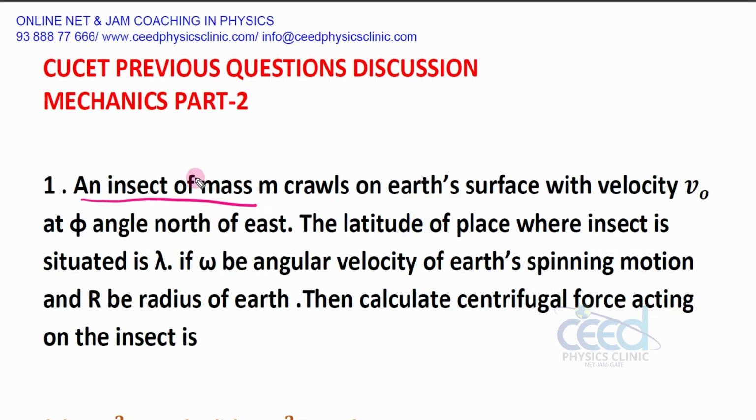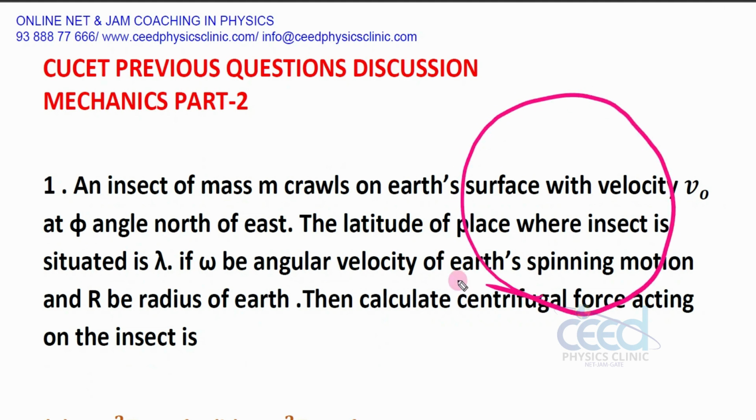See, we already studied, suppose here we have earth, right? So one insect, northeast, is crawling like this. So it is rotating like this. Rotating means it has an angular velocity omega here, right?